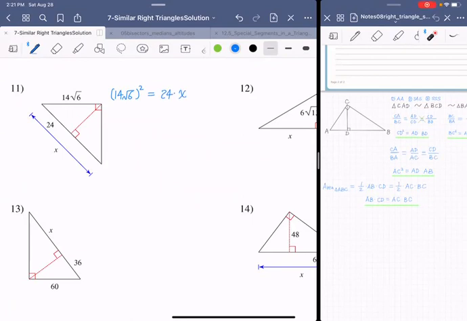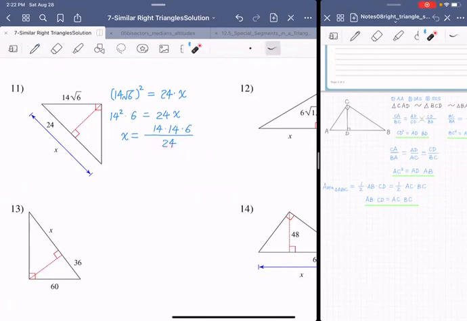On the left, let's do this first. Okay. And then we can simplify.